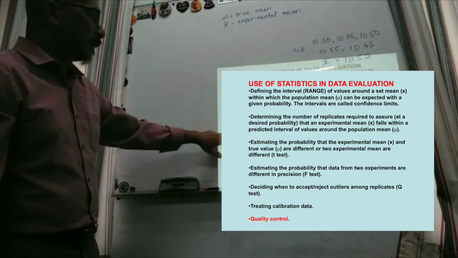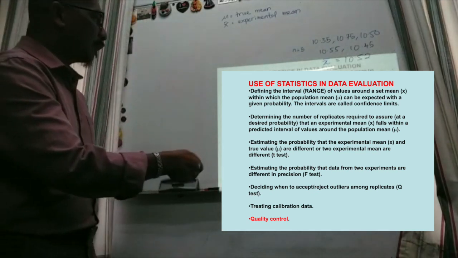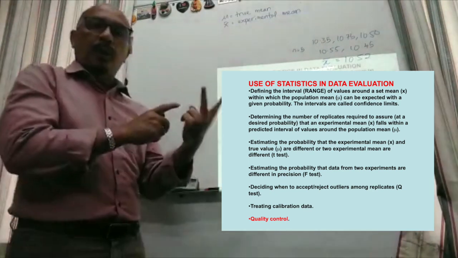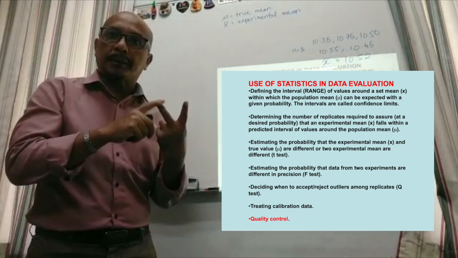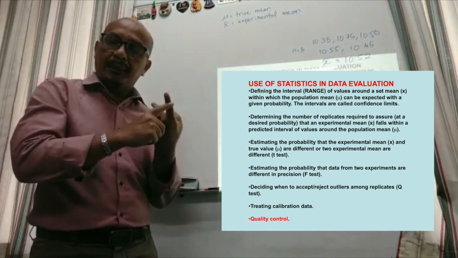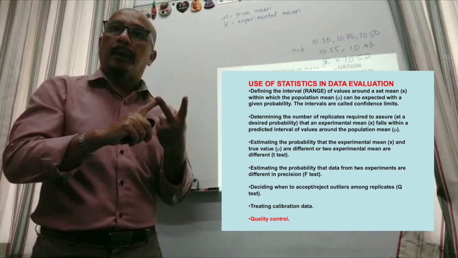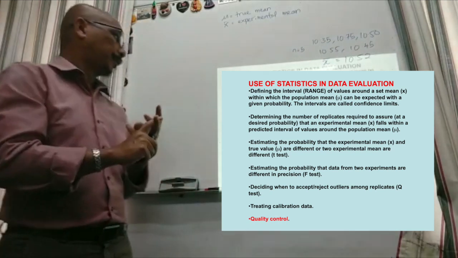And then estimating the probability that the data from two experiments are different in precision. We want to check from two experiments, or from two persons doing an experiment, whether person A and person B have the same precision in their analysis.